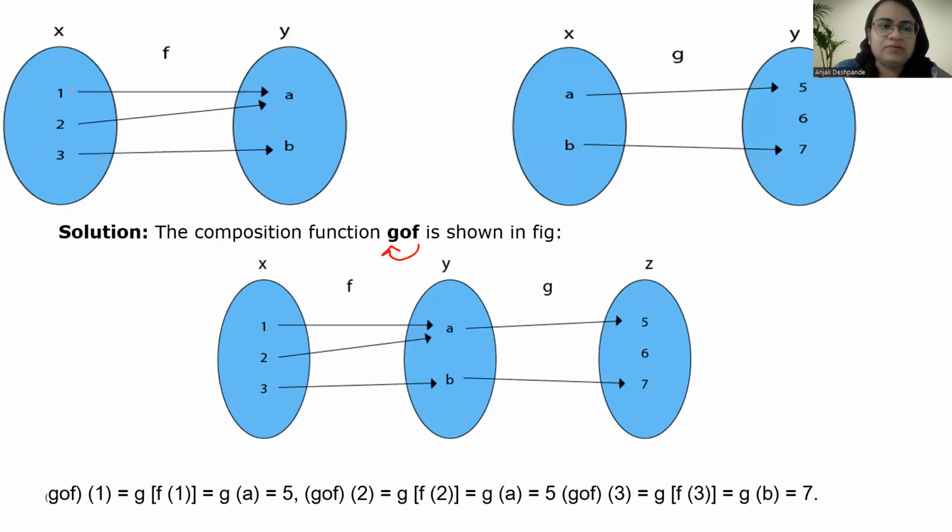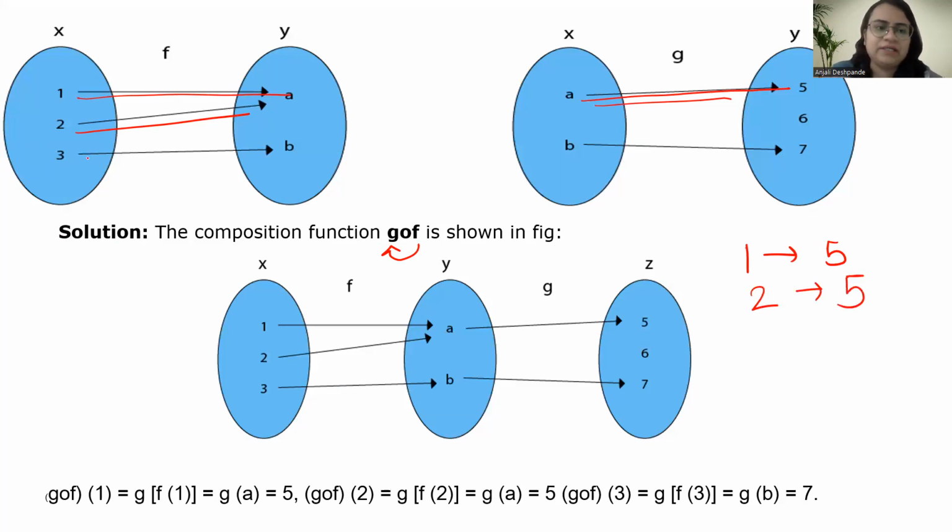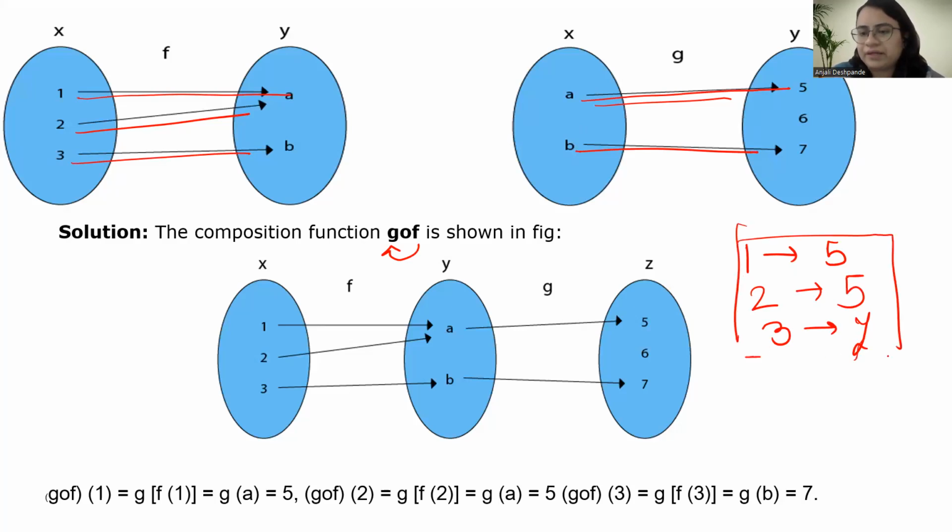So 1 is mapped to a, and a is mapped to 5. So in g o f, 1 will be mapped to 5. Again, in f, 2 is mapped to a, a is mapped to 5, so 2 will be mapped to 5. Again, 3 is mapped to b, b is mapped to 7. So 3 will be mapped to 7.